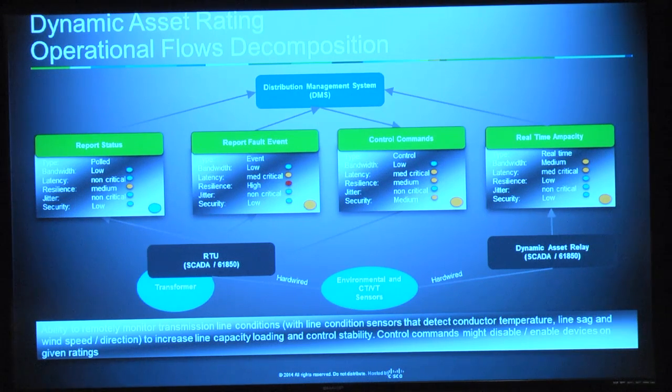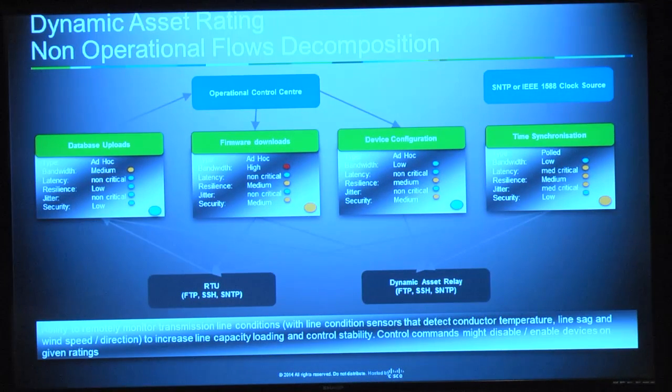Relay and the RTU are basically both connected to the same sensors. They're then feeding back that information to the DMS system. And you can see that the RTU is reporting status, it's reporting fault events, and it's accepting control commands from the SCADA environment. Whereas the relay was simply recording the ampacity readings back to the SCADA system via a different path.